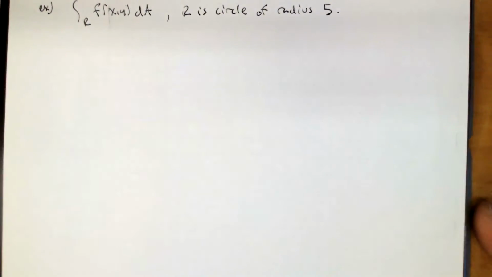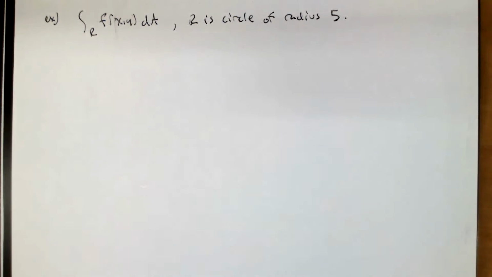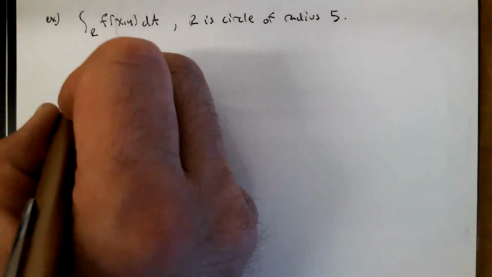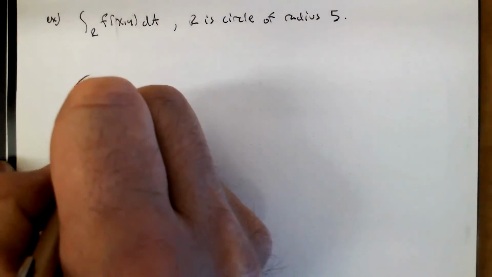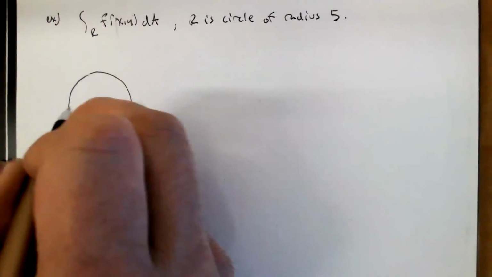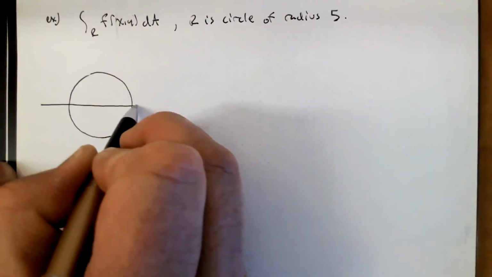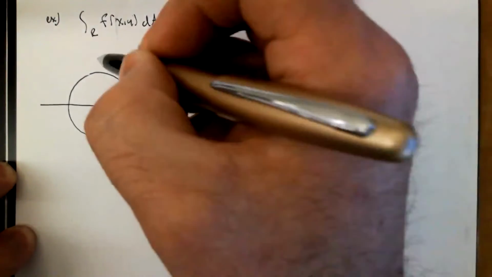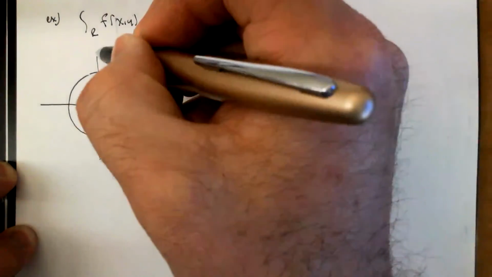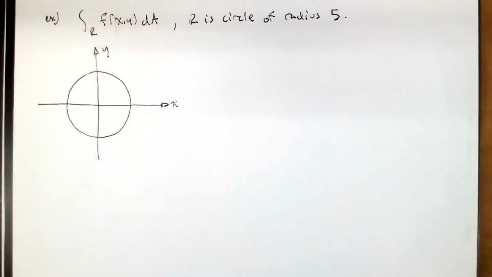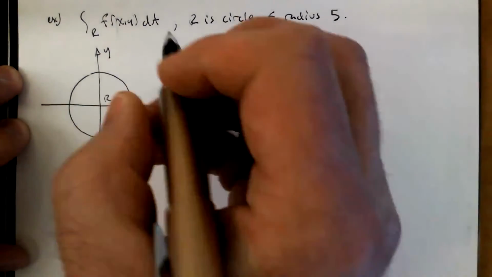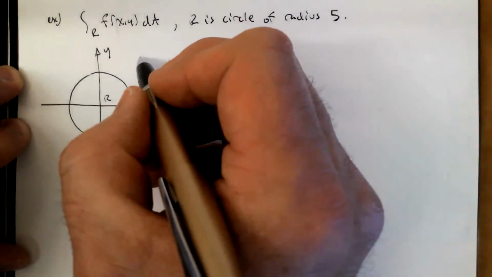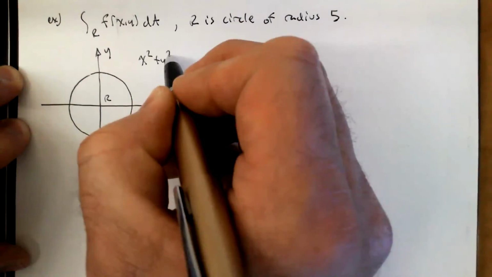So we're going to think about a double integral where the region is the circle of radius 5. This is one that we know in rectangular coordinates. So let's make sure that this fits first. This circle is a circle of radius 5. So we can describe it as x squared plus y squared is equal to 25.